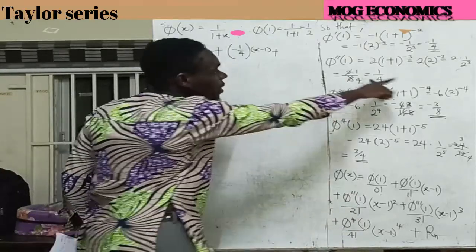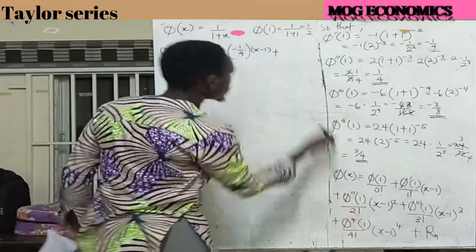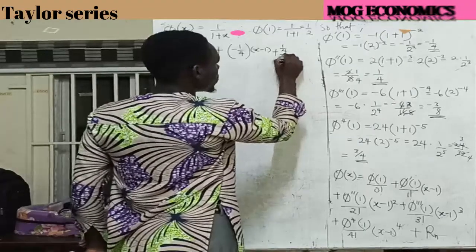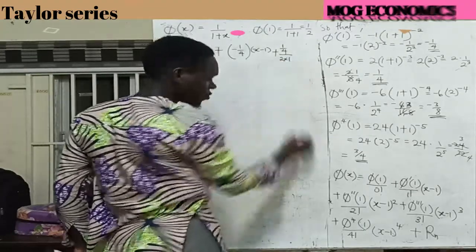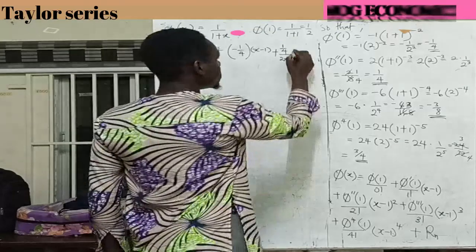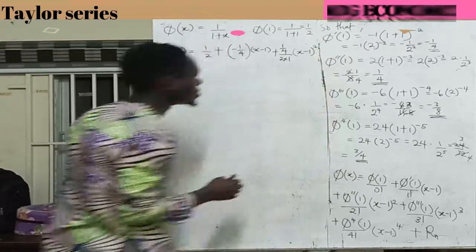So from here we have this to be the result, that's 1 over 4 over 2 times 1. 2 factorial is expressed as this, and x minus 1 squared.